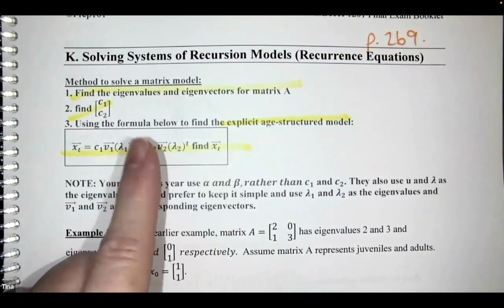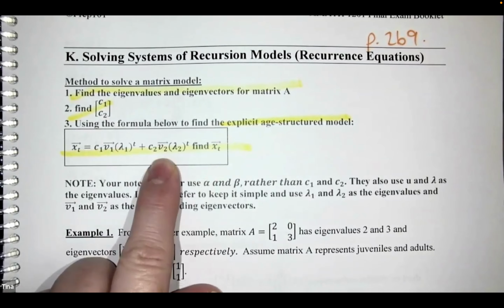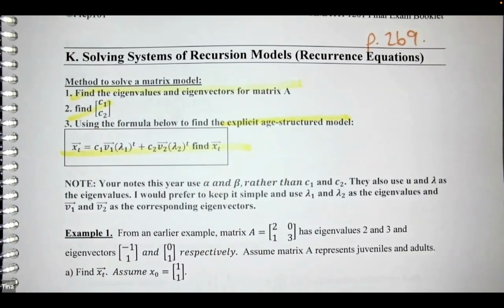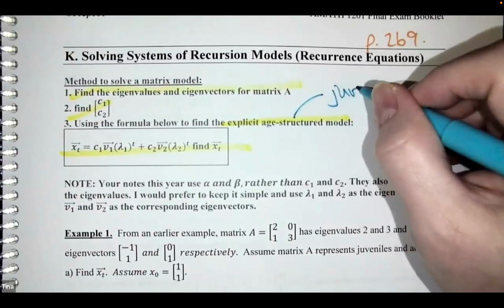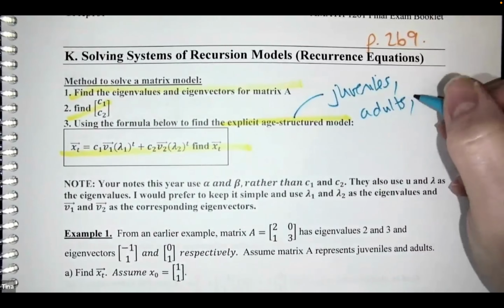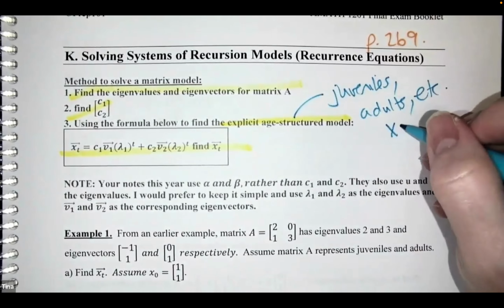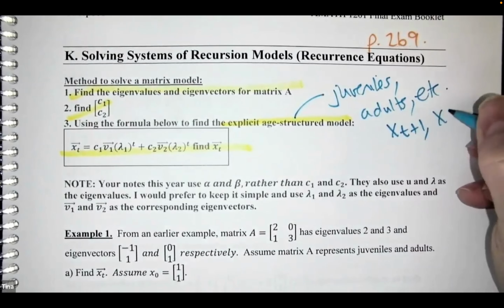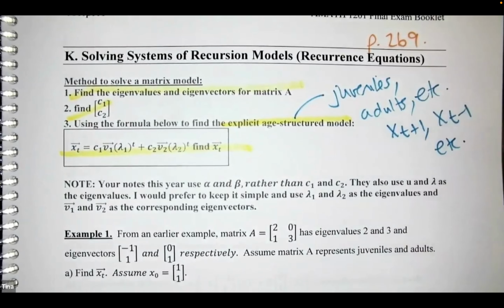And then all of this is constant C2 for eigenvector V2 for eigenvalue lambda 2. So it just seems a lot simpler that way. So it's up to you. Age structured means those questions where you've got juveniles and adults, etc. And you've got x_t plus 1 or x_t minus 1.